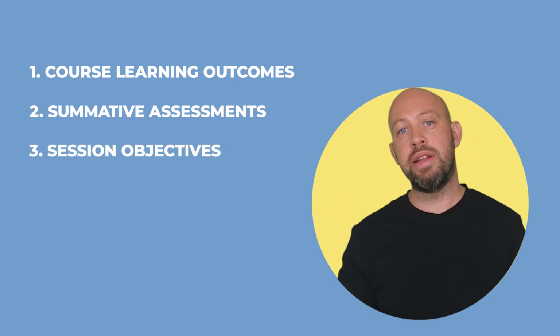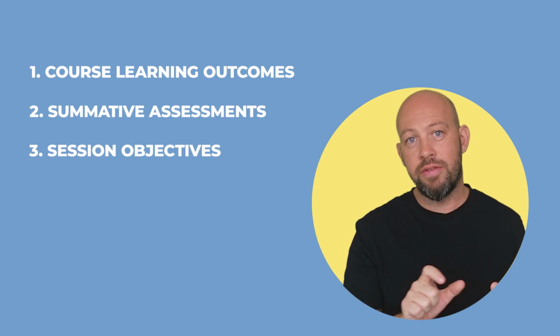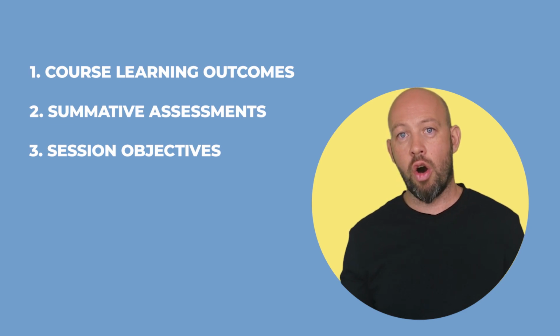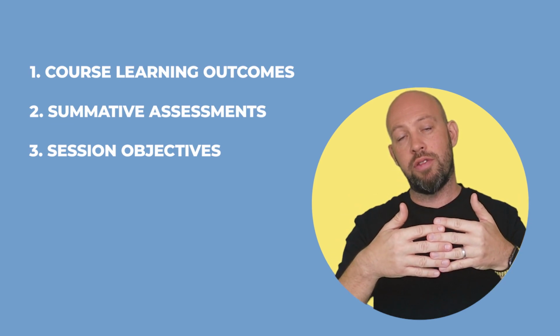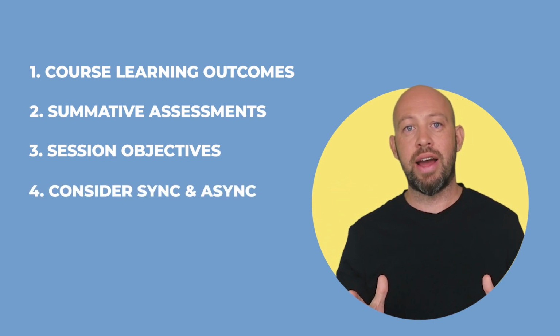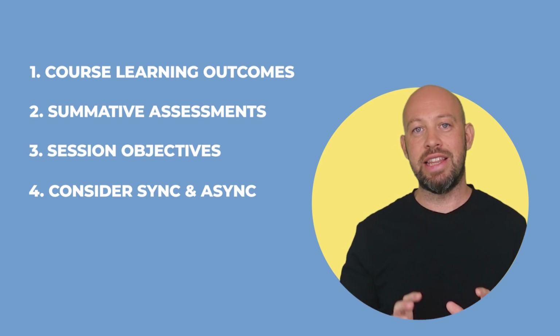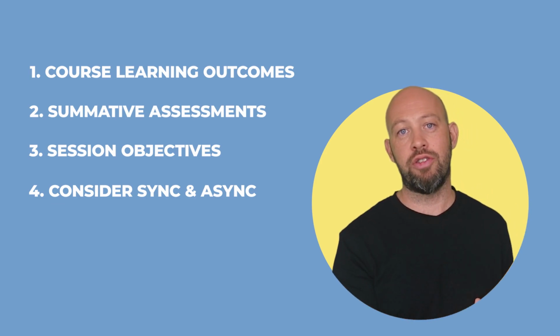Step three would be developing learning outcomes or objectives for your individual teaching sessions that all link up to your course level learning outcomes. Step four would be identifying which teaching session objectives can be delivered in the asynchronous or synchronous environment.